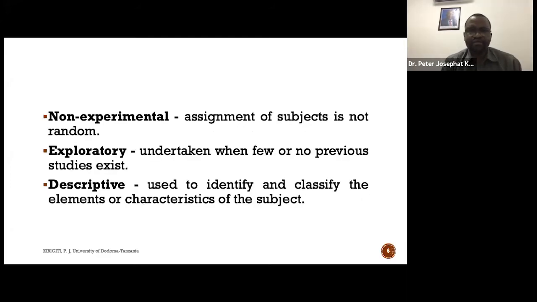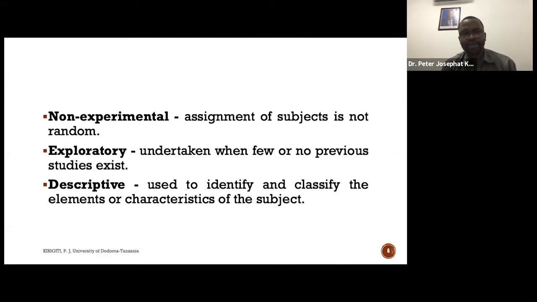Consider also the non-experimental design. In most cases, the subjects are not randomly assigned. If this is the case, then we go for non-experimental design. We know that most governments have different strategies.